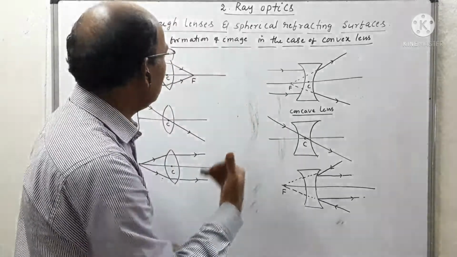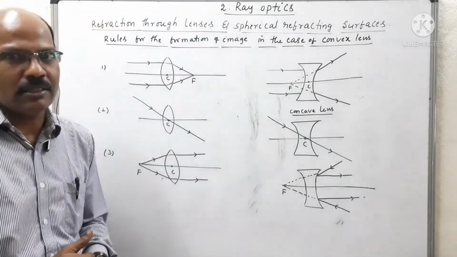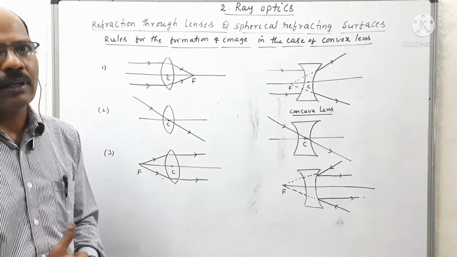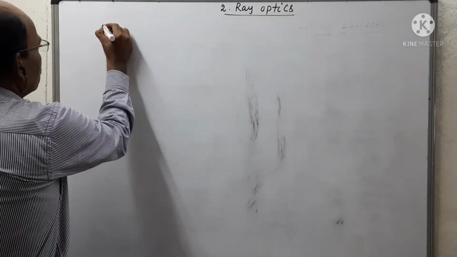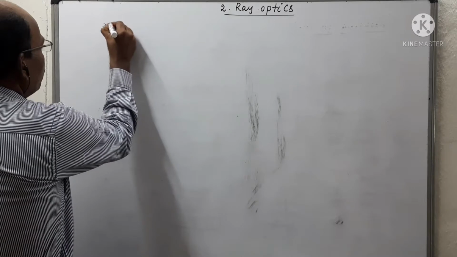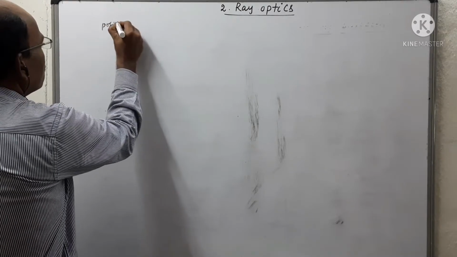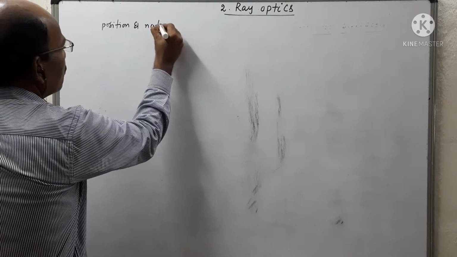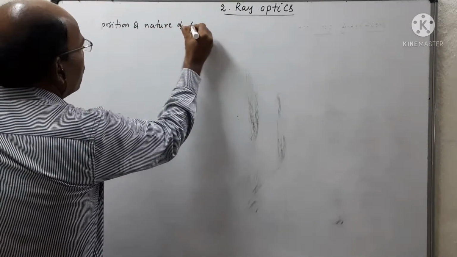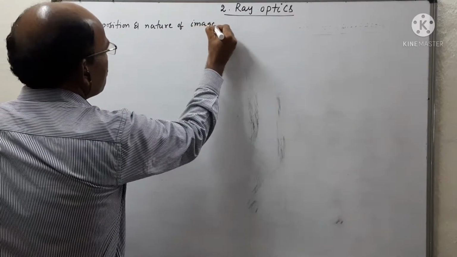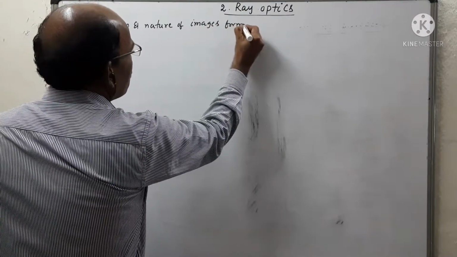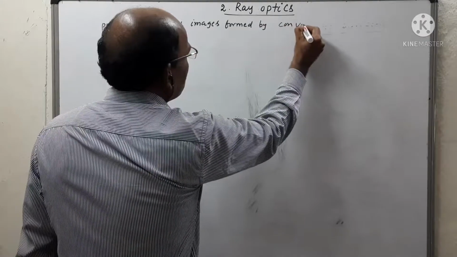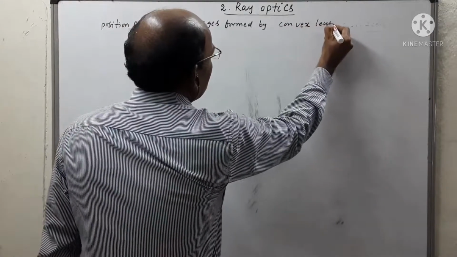First, observe the nature of the images and their positions in the case of the convex lens. Position and nature of images formed by convex lens.